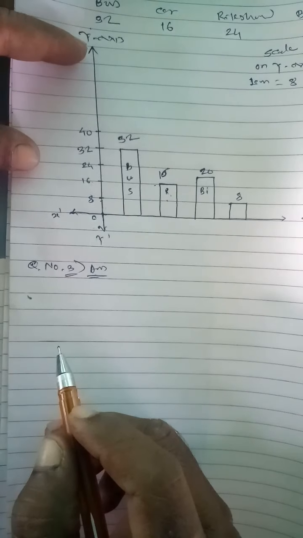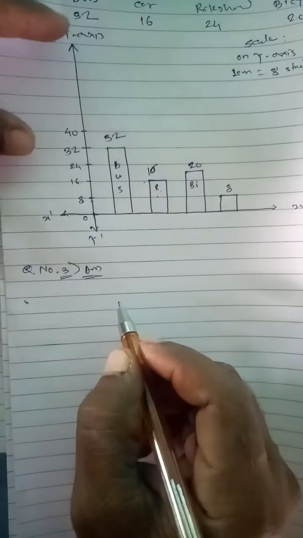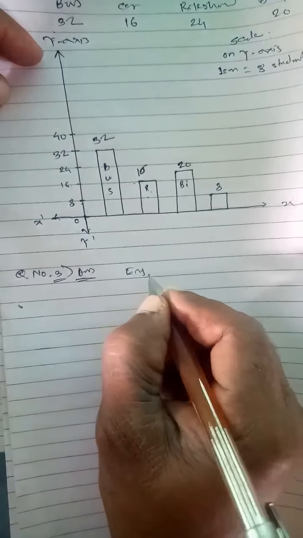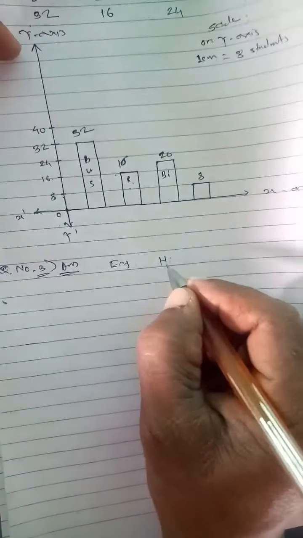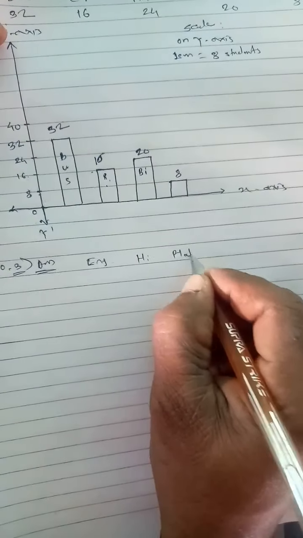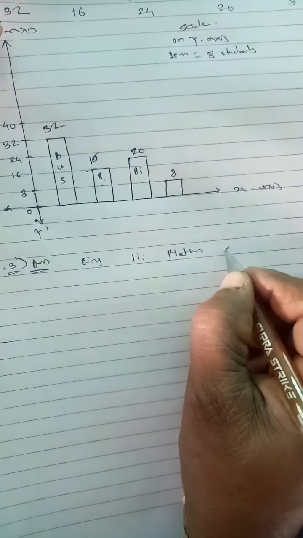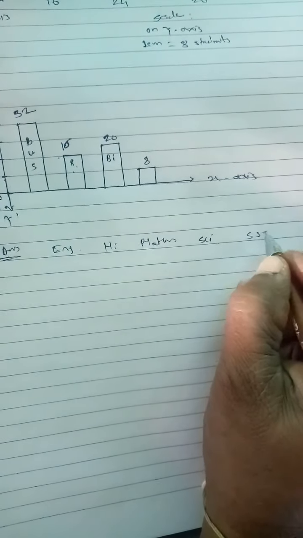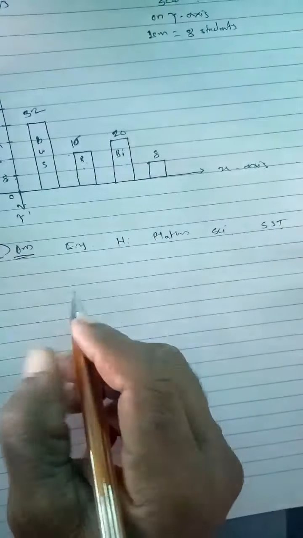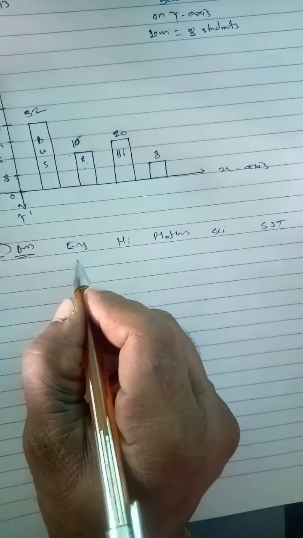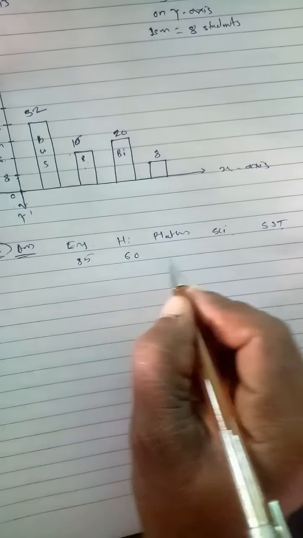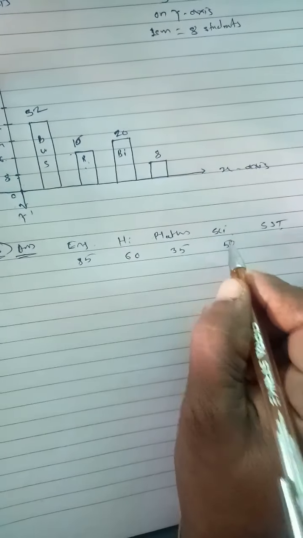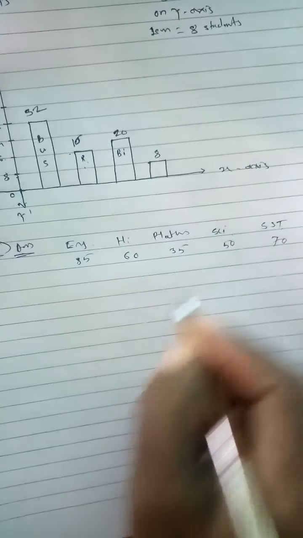You have to draw a bar graph to represent it. They have given English, Hindi, maths, science and social science, that means SST. The marks given are 85, 60, 35, 50 and 70.